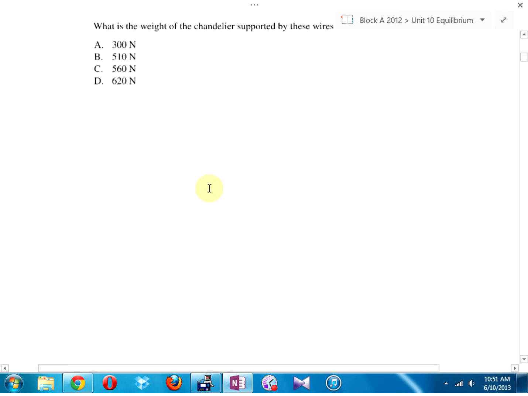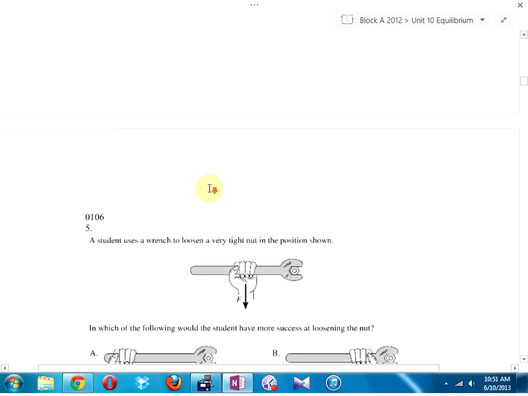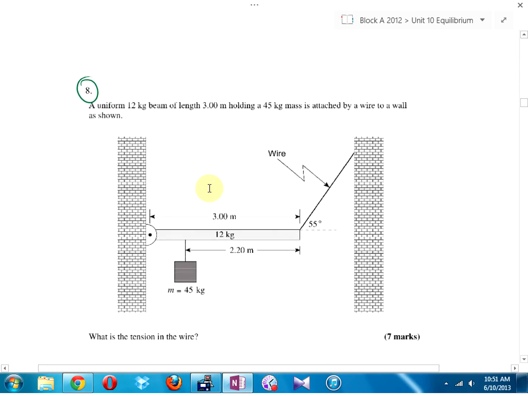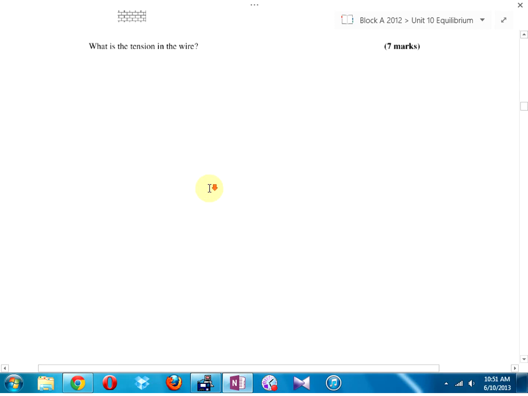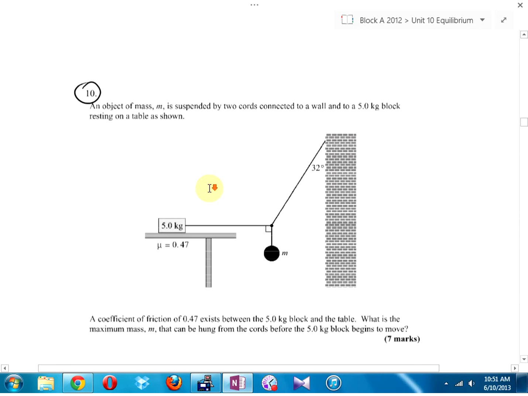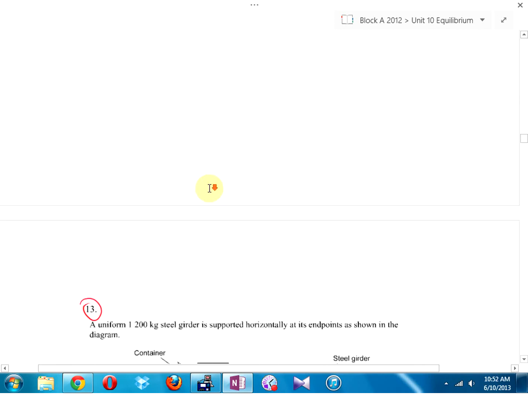So, here is what I think you can do. Write this down or circle these questions. I added number 8. This is very similar to example 2, where you have everything horizontal except the rope at an angle. The rope is actually tugging away to the right. A little tricky. I already assigned number 9 last day. I already assigned number 10 before.